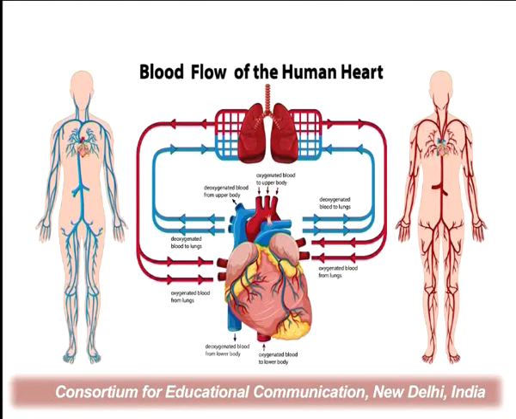Again, the deoxygenated blood enters through the veins, through the superior and inferior vena cava, goes through the atrium and ventricle, and through the pulmonary artery it goes to the lungs, where the deoxygenated blood becomes oxygenated and then comes back to the heart through the pulmonary veins, into the left atrium, and then it goes to the left ventricle and then to the aorta, and from the aorta it circulates to the whole body.